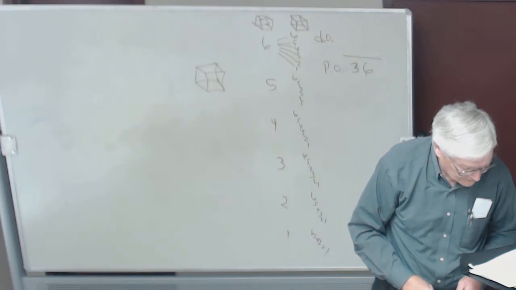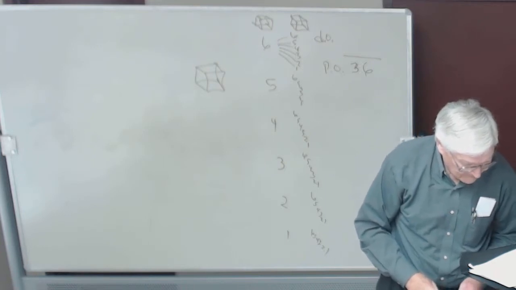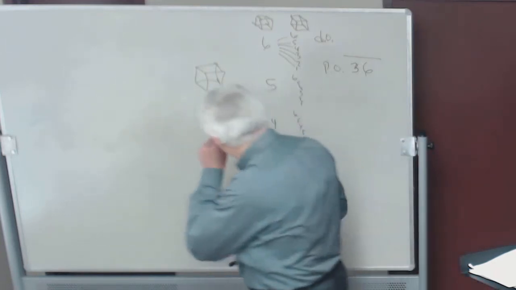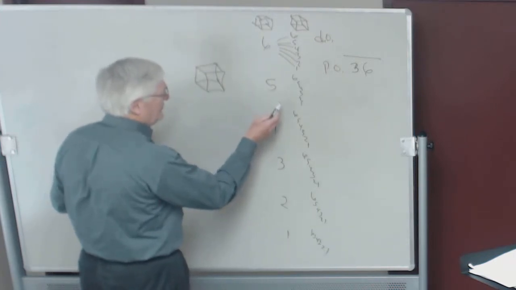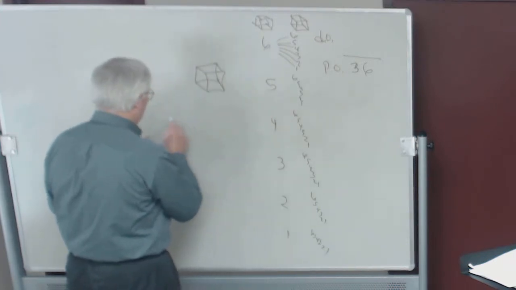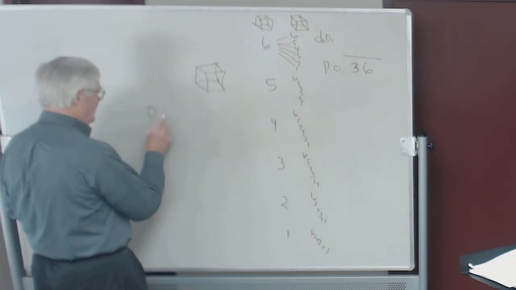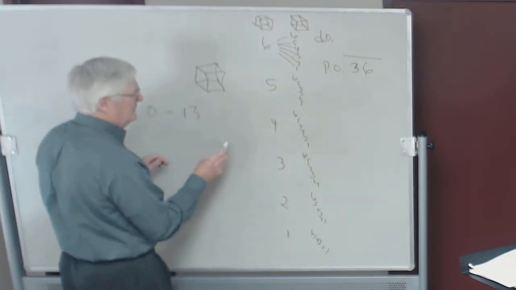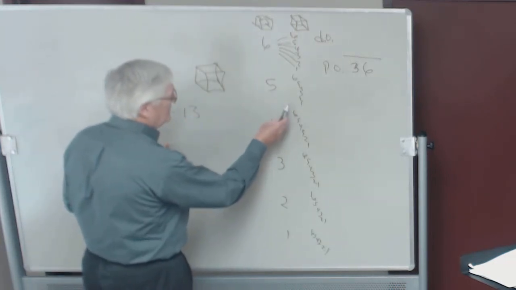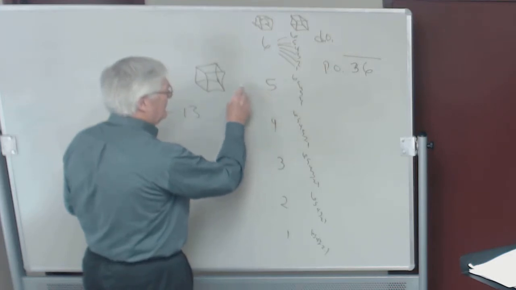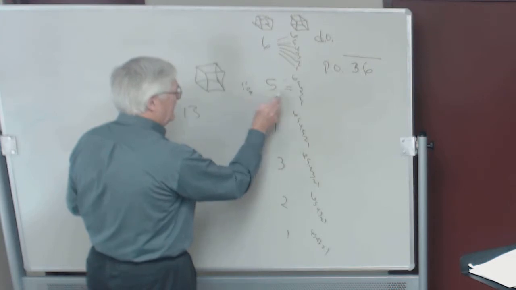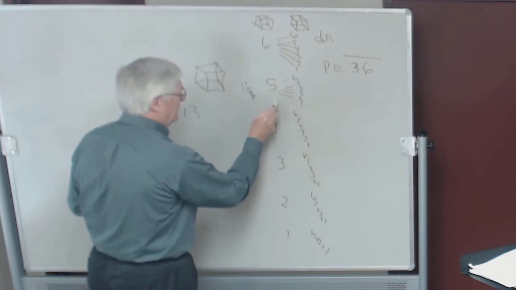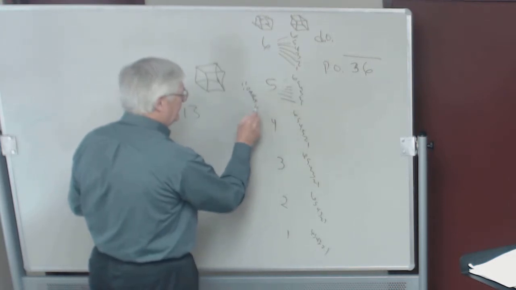You see that? What's the desired outcome for number 3? The sum of the two numbers is between 0 and 13. So let's see. 5 and 6 is what? 10, 9, 8, 7, 6.